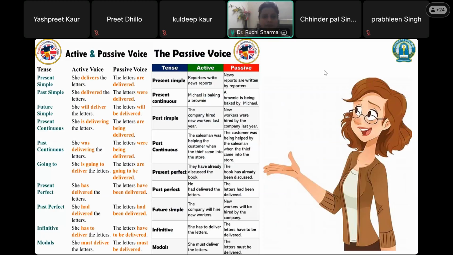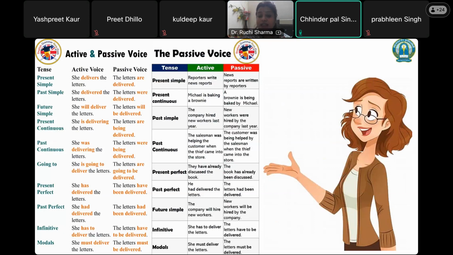Okay. What is happening in the sentence? Present tense remains present tense or it changes to past tense? It is changed to past. Only the main verb is changed to past. You get to know that the sentence is present tense by the use of helping verb are. Remember that.